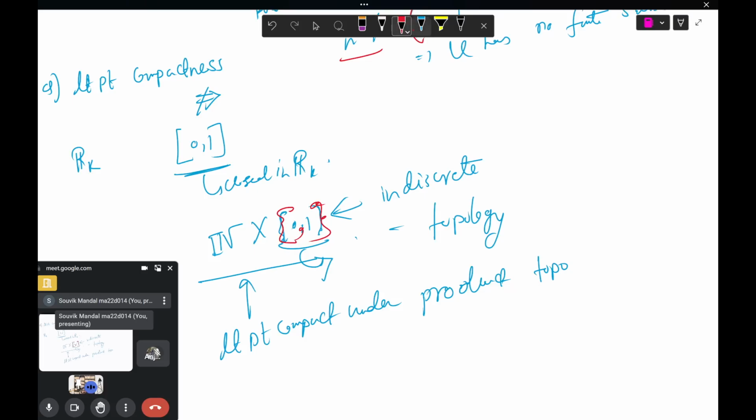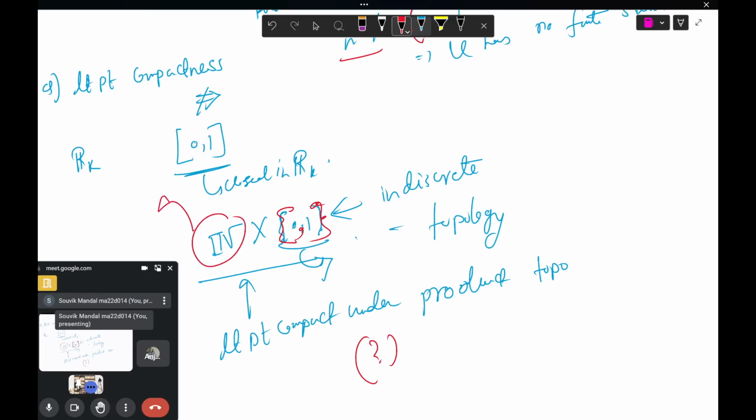Do you understand the point? Sir, N has also indiscrete topology. No, no. N has the discrete topology, but the doubleton {0, 1} has the indiscrete topology.